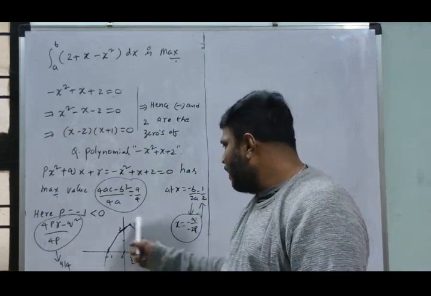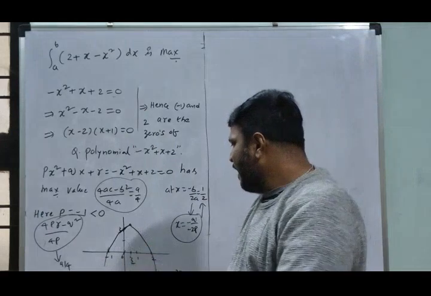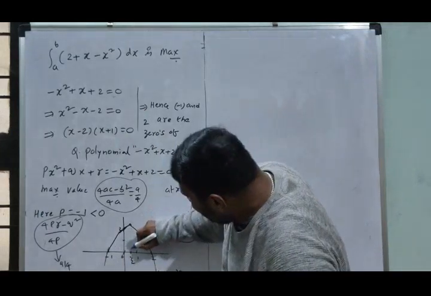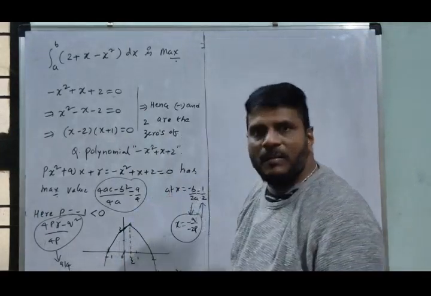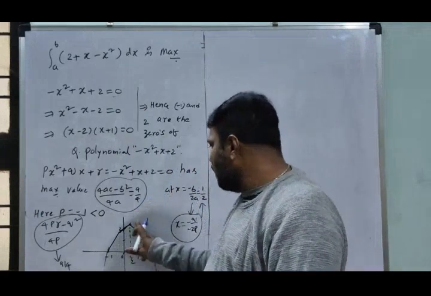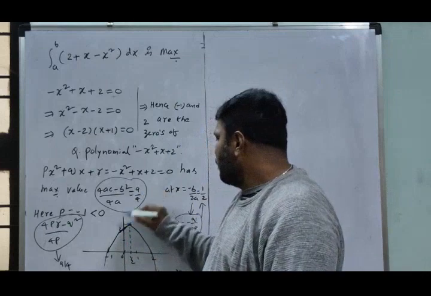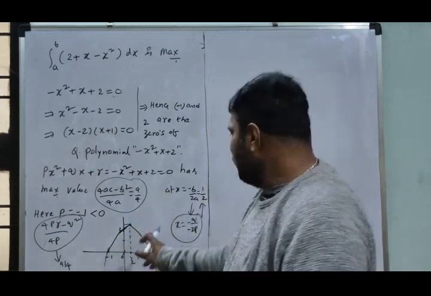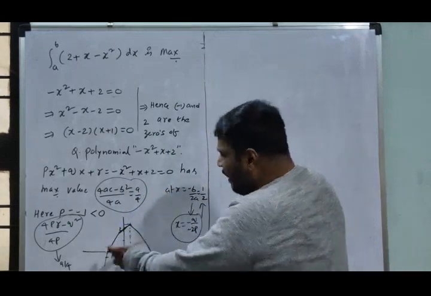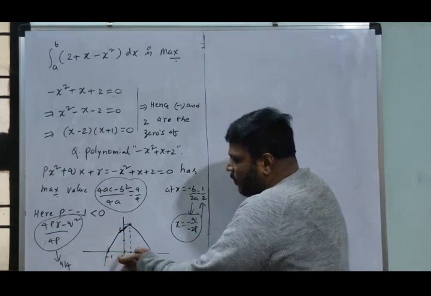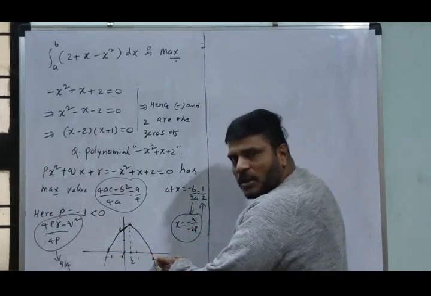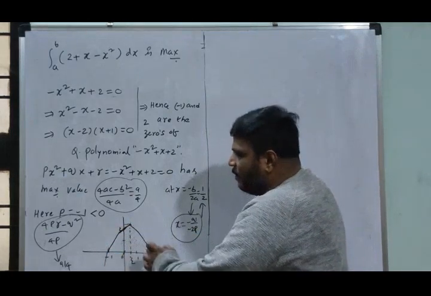And this parabolic curve has its maximum value at x equal to 1 by 2, and that maximum value is approximately 2.2. So in between minus 1 and 2, this parabolic curve, that means our quadratic polynomial, has its maximum.